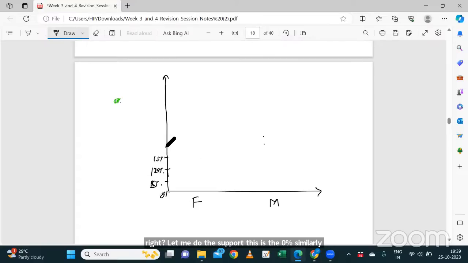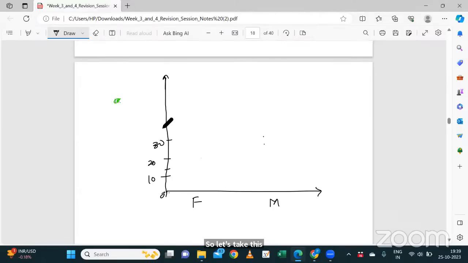For simplicity, let's take 10%, 20%, 30%, 40%, 50%, 60%, 70%, 80%, 90%, up to 100%.